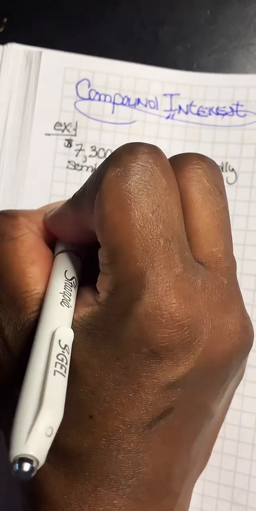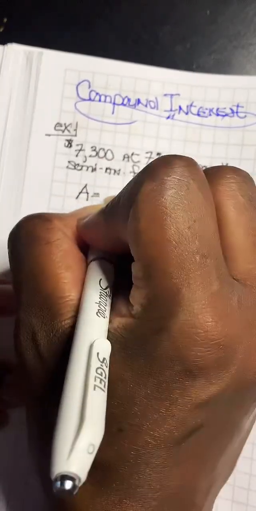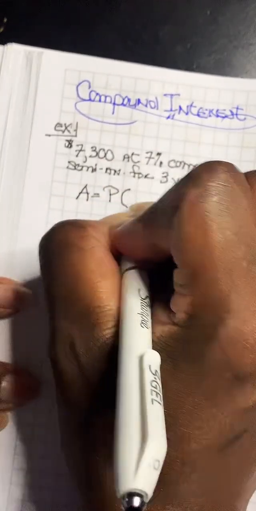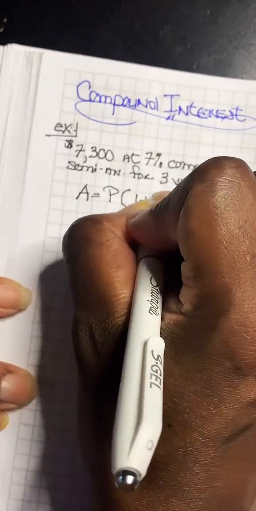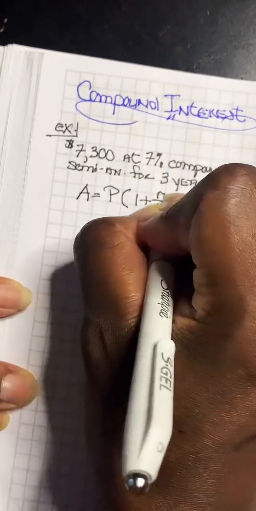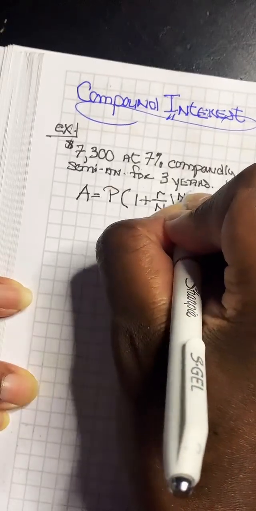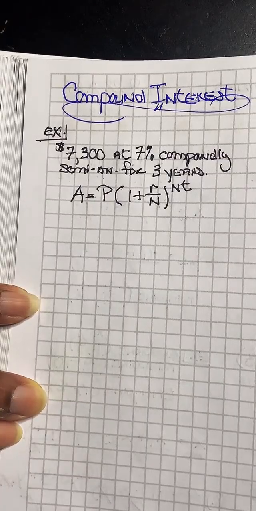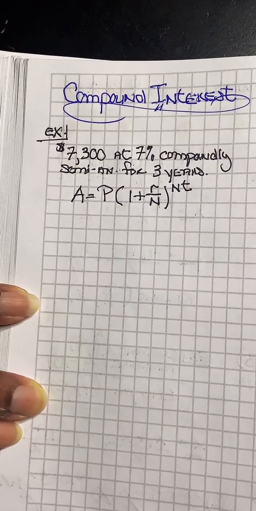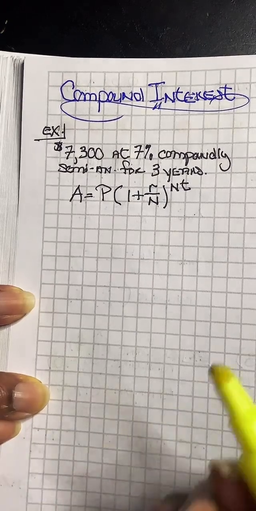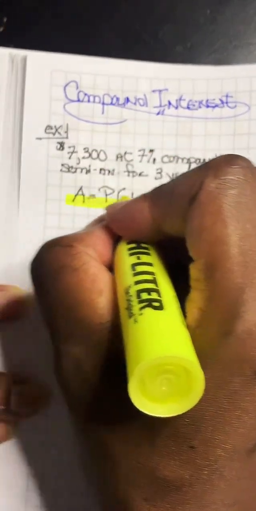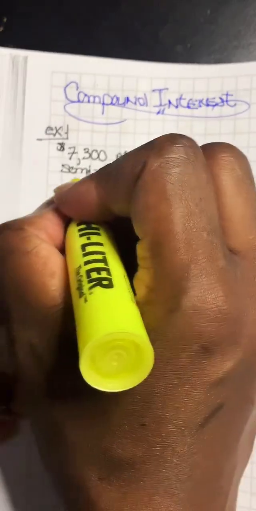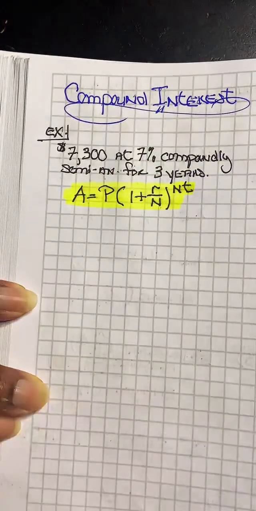So we have our principal times 1 plus our rate over n raised to the nt. That's going to be the formula you use for each and every one of these. And I actually saw this on the ASVAB practice test, on one of them.